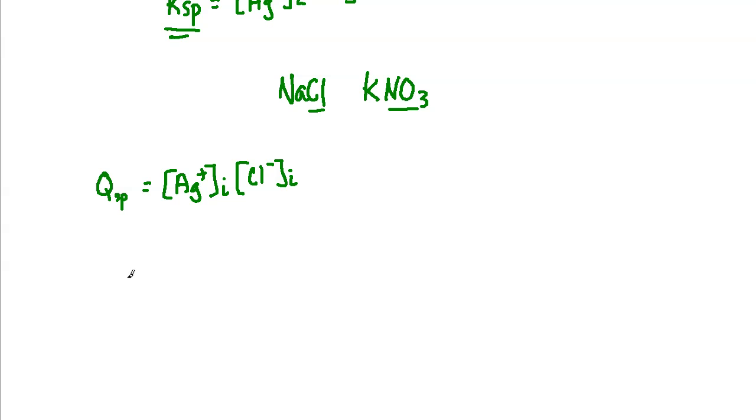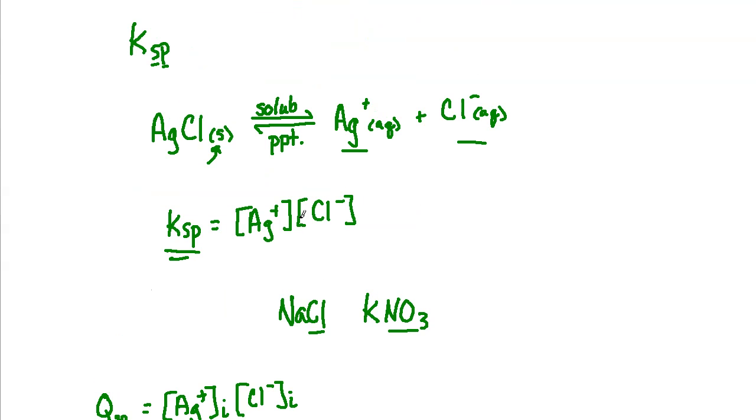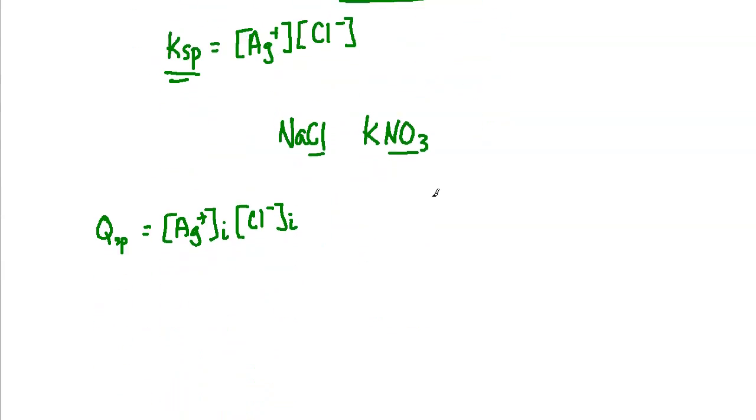If we went back and looked at the equilibrium chapter when we were first introduced to this material, we would compare Q to Kc, and we could determine which way a reaction might shift, and whether products or reactants were favored. In a similar manner, we can tell whether a precipitate might be favored or whether the ions will be favored in solution here.